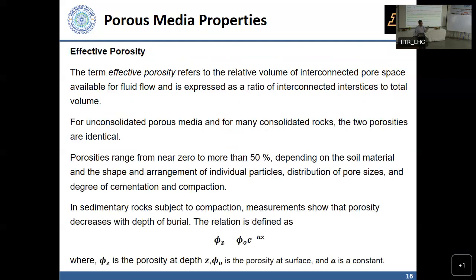Sometimes the soil is aggregated in such a way that there is a bulk porosity, but there is also some inter- or intragranular porosity, which doesn't really allow water to move very freely. So the effective porosity is that part of the porosity which is going to allow water movement. So the term effective porosity refers to the relative volume of interconnected pore space available for fluid flow.